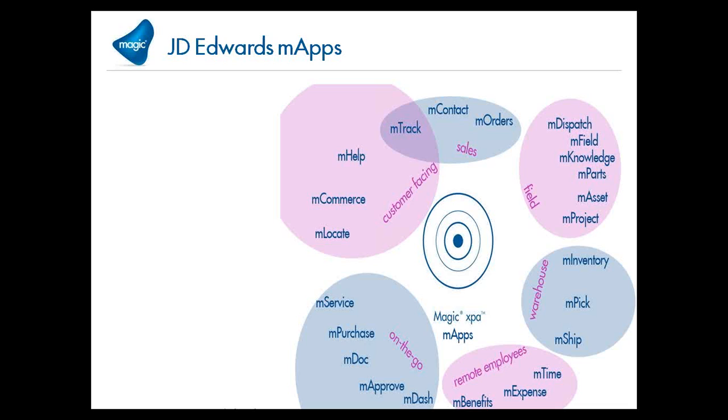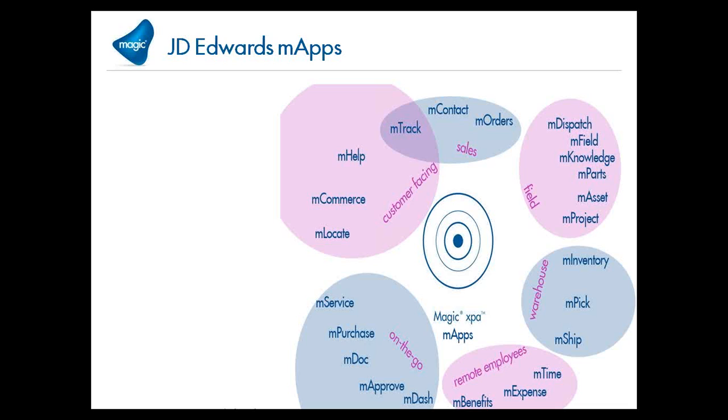And so we're looking at things like the ability to look up customers, to enter orders, to track orders, to provide field service with the dispatch and the field knowledge databases, the parts databases, the asset management and inventory capabilities, project management capabilities that a field service team needs while they're in the field, and the corresponding application, of course, that you already have, perhaps running on the back end with processes in JD Edwards and even sometimes third-party applications.